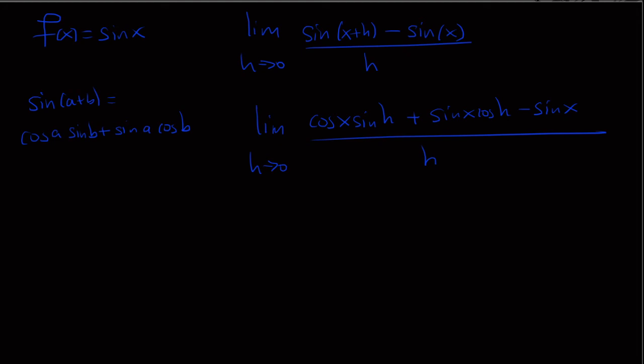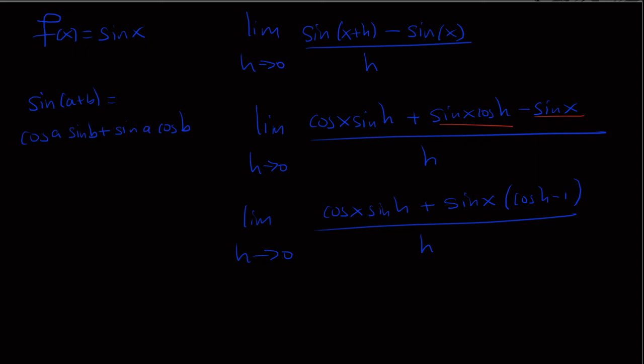What we want to do is break this up into two fractions eventually. But let's focus on sine x times cosine h and then sine x. Let's do a little more work there. We can factor out a sine x because they have that in common. So we have cosine h minus 1 in parentheses all over h.